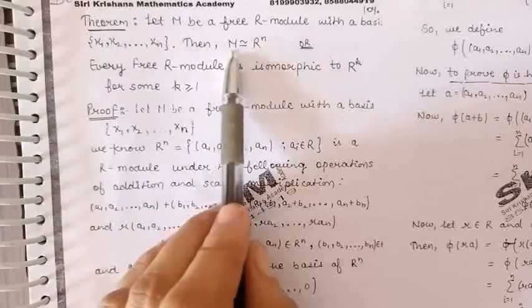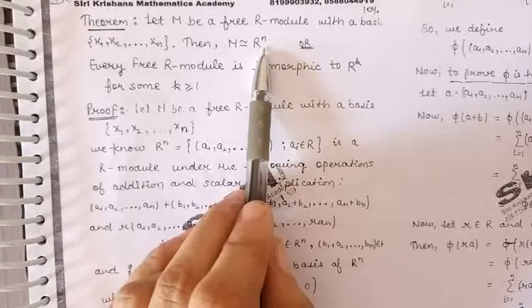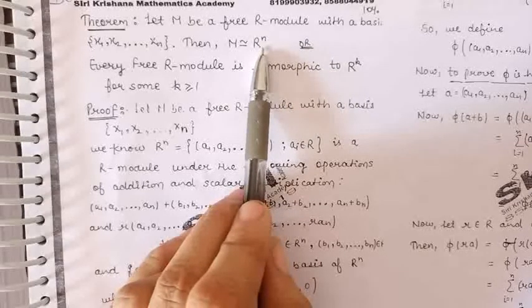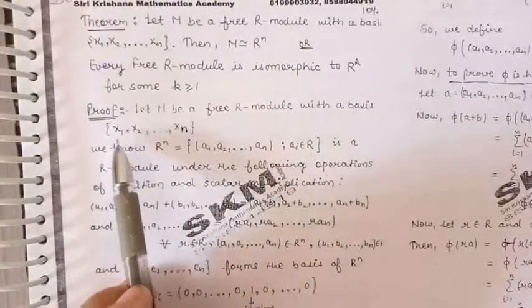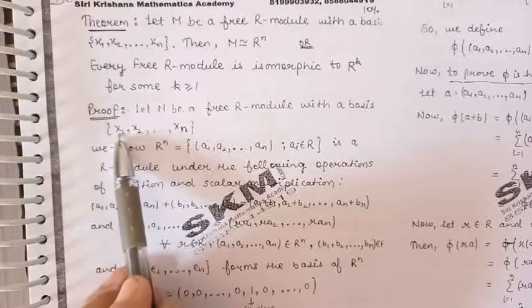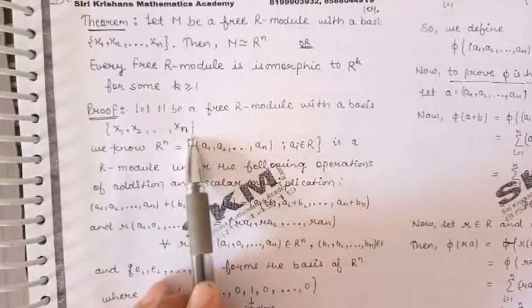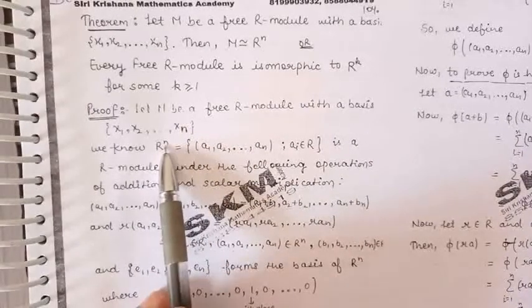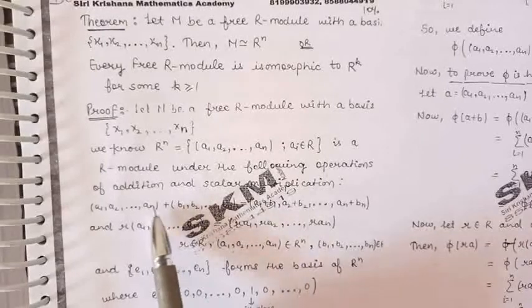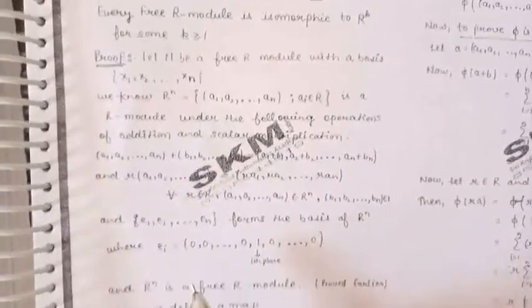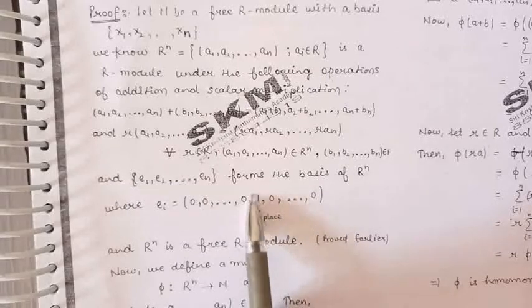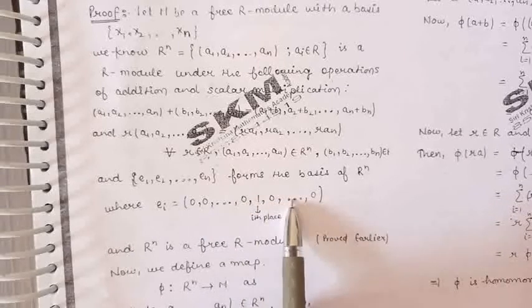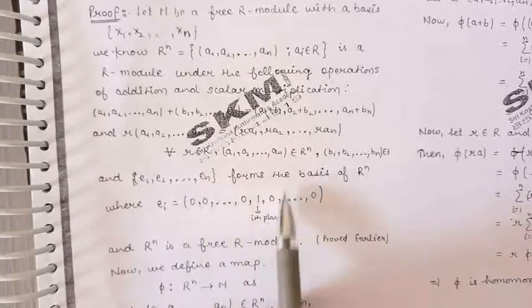Then we are to prove that M is isomorphic to R^n, the set of n-tuples over the ring R. Now, because M is a free module having the basis x1, x2, x3 up to xn, and R^n is also a module over the ring R under componentwise addition and scalar multiplication, and the elements of the form having 1 in the ith place, where this 1 is the unity of the ring R and all other coordinates 0, form the basis of R^n.